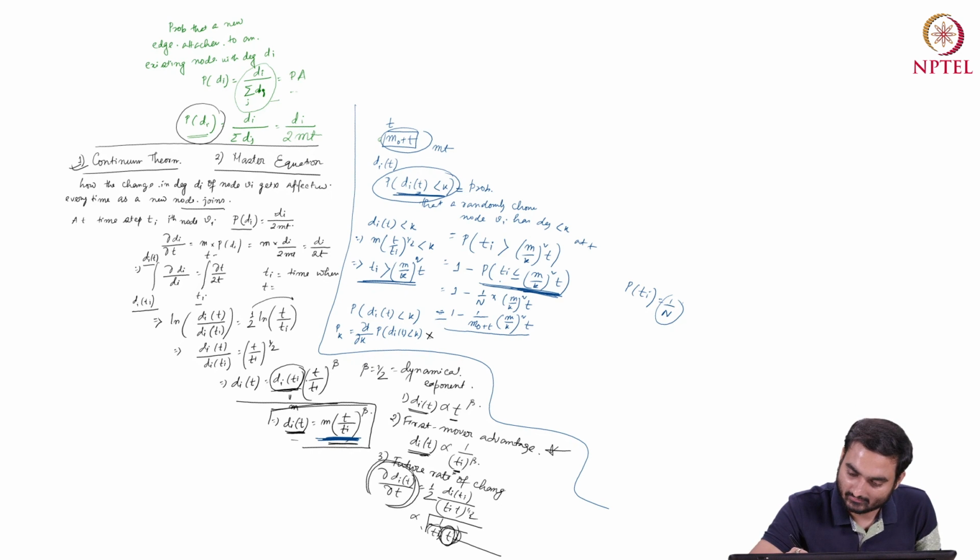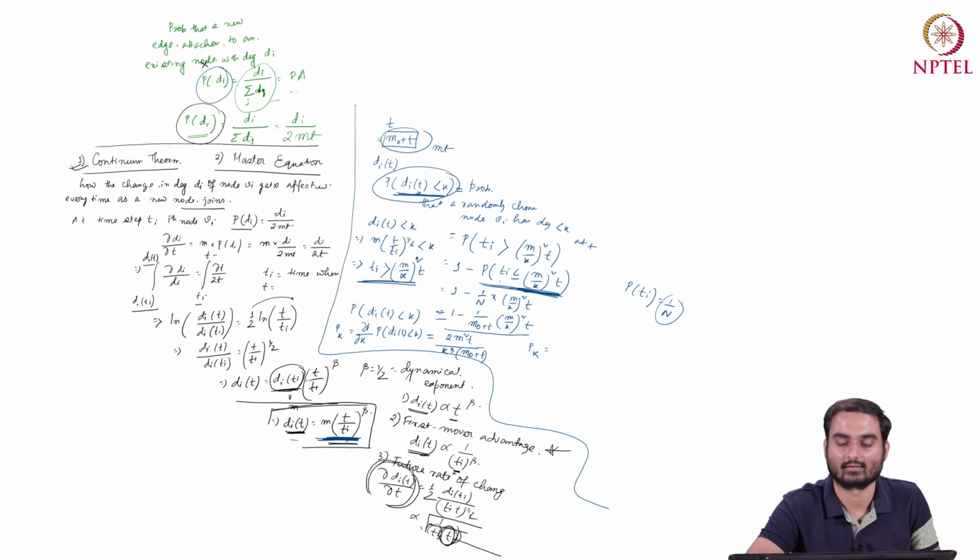If we do that, we will get 2 m square t by k cube times m0 plus t. So we get P(k), which is something that we wanted to measure: 2 m square t by k cube times m0 plus t.